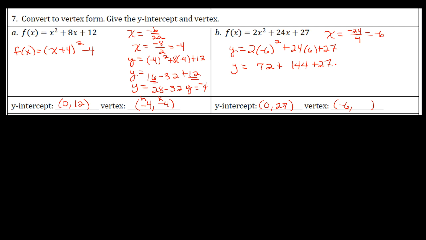So according to the calculator, we get 243. Okay, and now let's write that all together in vertex form. So my a is 2. Then we're going to have x minus negative 6 squared plus 243.